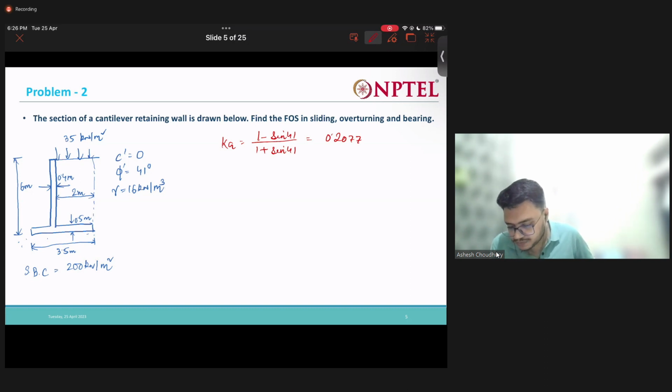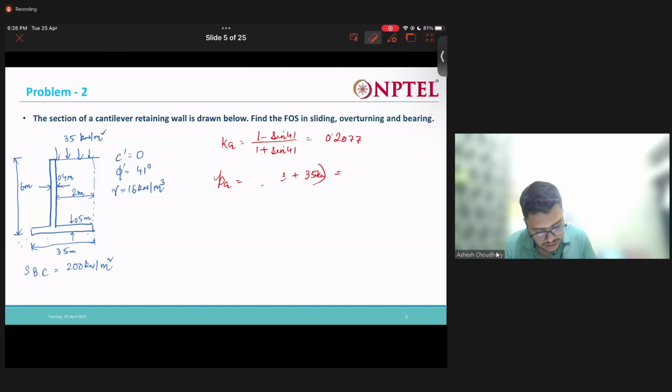Now what we will be doing is that we will be considering Rankine's theory. So what will be our PA value? PA will be nothing but K into Z plus 35, which is our Q, into K, isn't it?